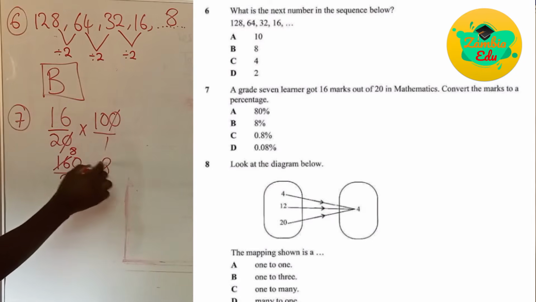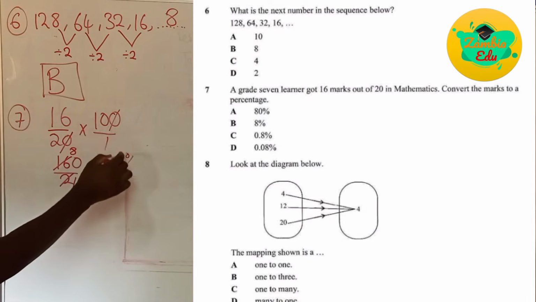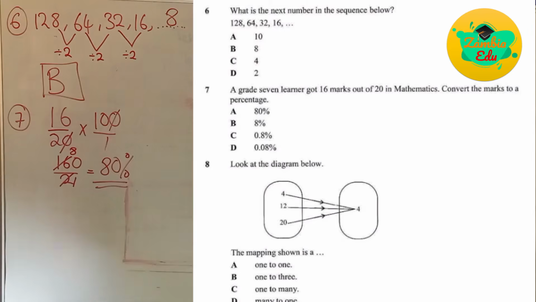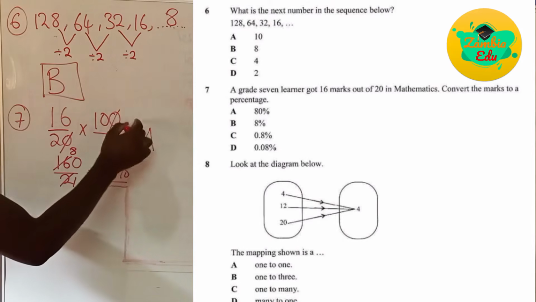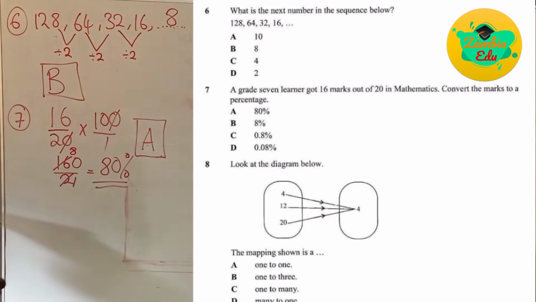Looking at our options, A is 80%, B is 8%, C is 0.8%, and D is 0.08%. So our answer for number 7 was A, which was 80%. Okay, now we go to question number 8.